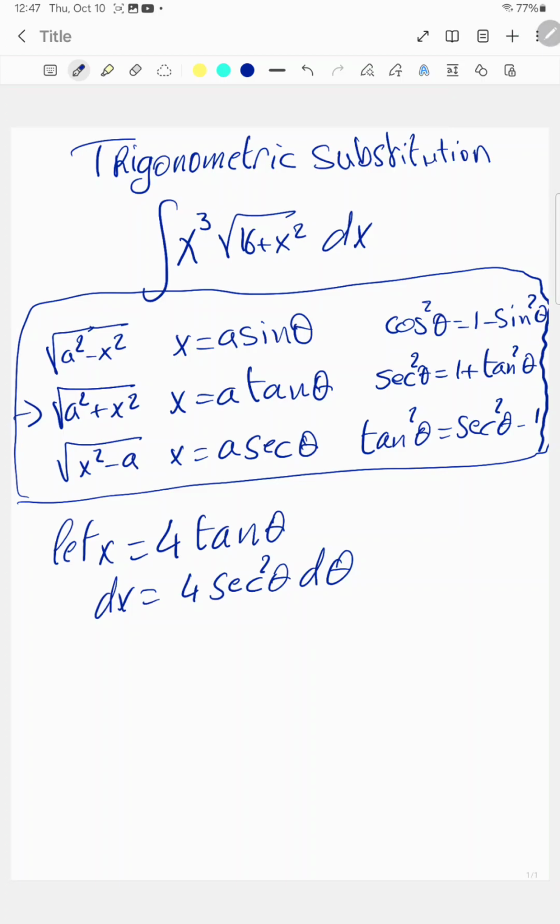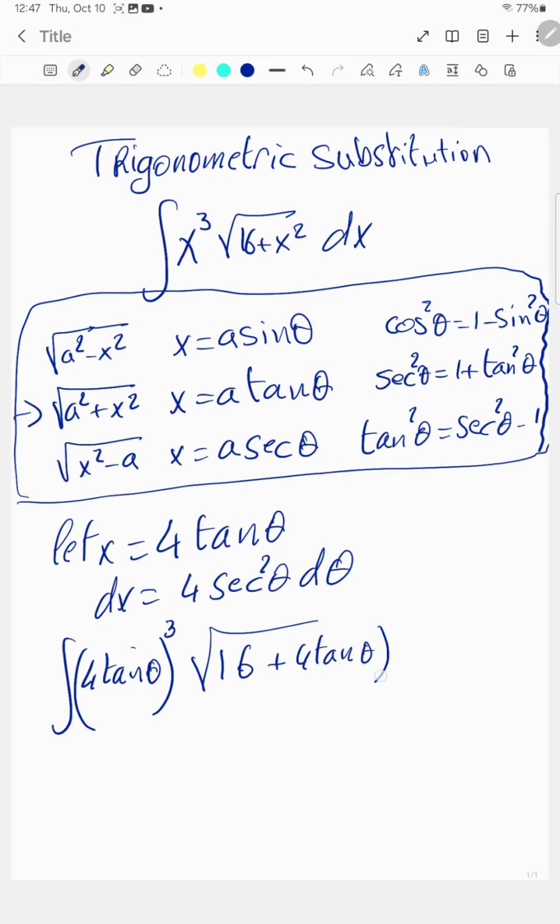So now my integral was the integral of x to the power of 3, and x is equal to 4 tan of theta. So my integral becomes, I replace x by 4 tan of theta to the power of 3, over the square root of 16 plus 4 tan of theta squared.